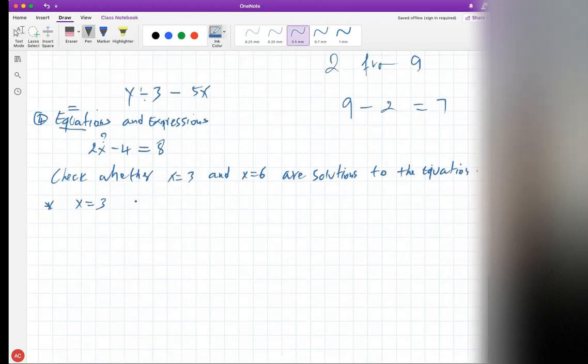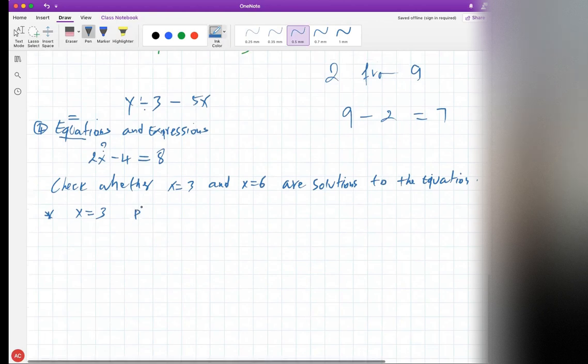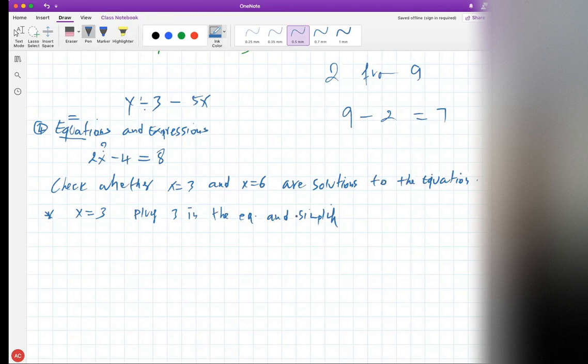But again, here we're going to plug x, or 3, in the equation and simplify. So that's our equation, the same way we do with expressions.